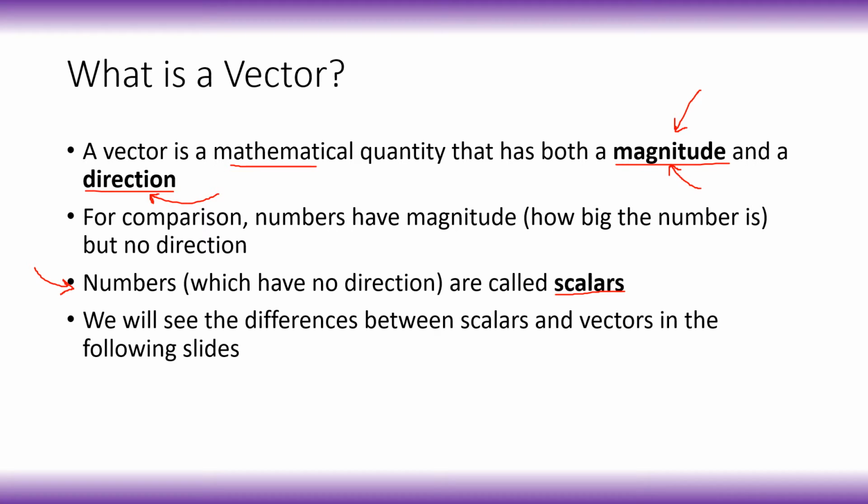So I could say that a number that doesn't have direction is a scalar. Now it can have units, and by units I mean things like meters, seconds, degrees, hours, Kelvin, whatever. So you could have units attached to a number.